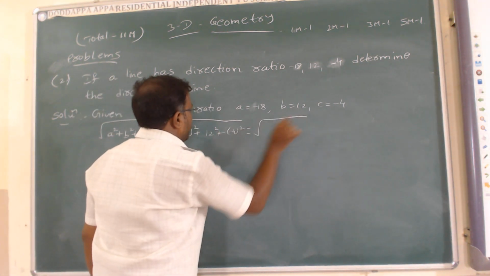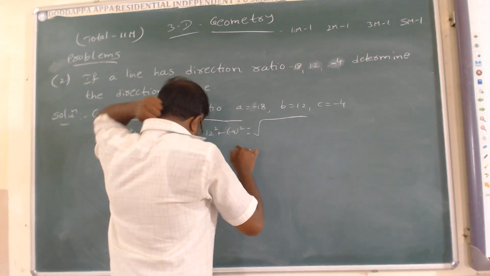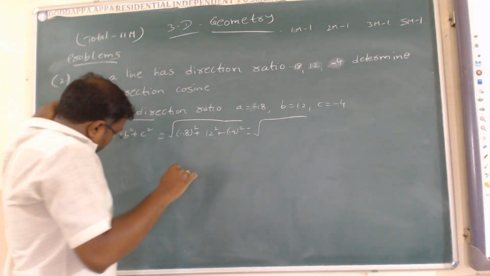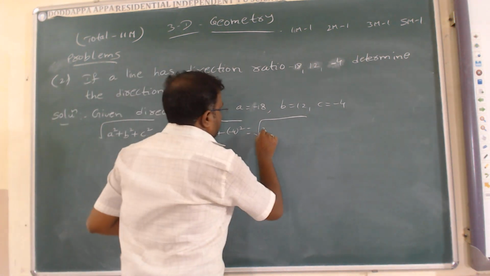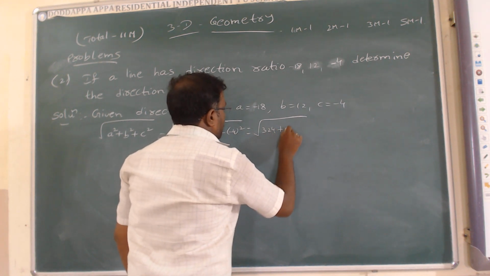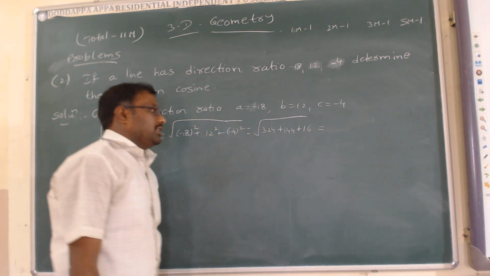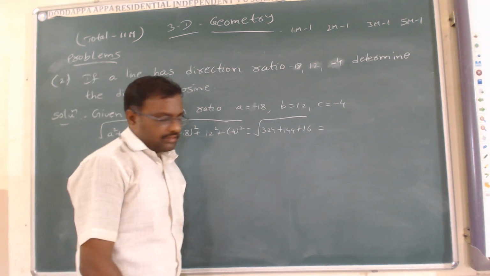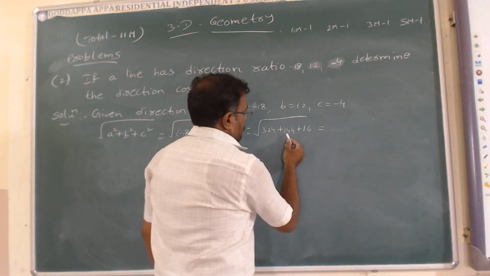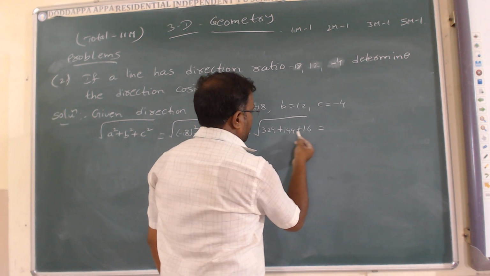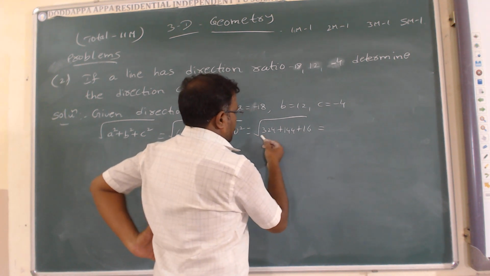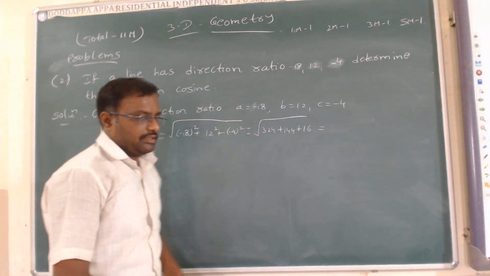If we simplify, we get 18 square is 324, 12 square is 144, plus 4 square is 16.